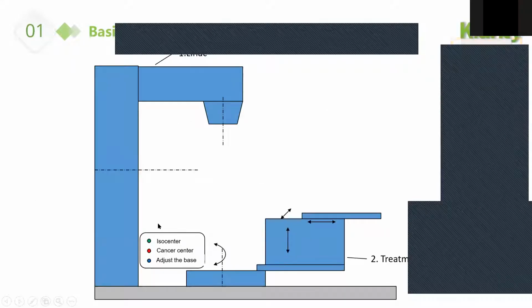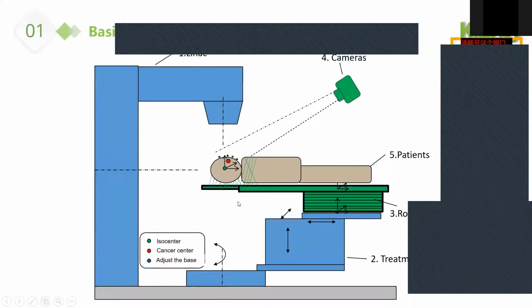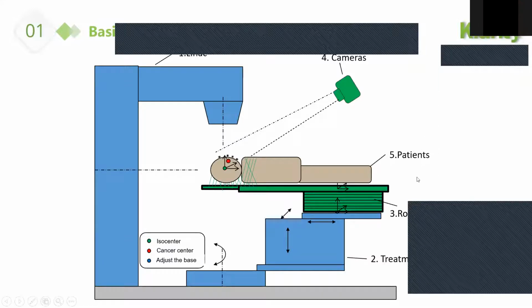So this picture shows the basic principle of our product. Based on the linac and the treatment table, we install our robotic couch subsystem on the treatment table.